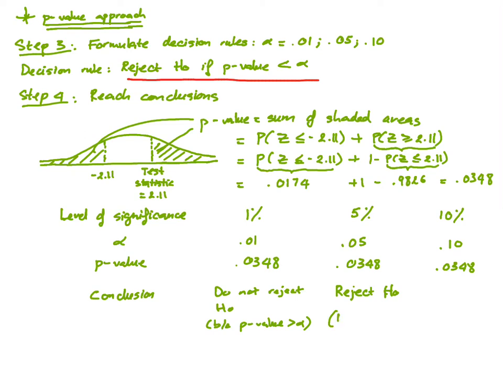This is because the p-value is less than alpha. And at 10% level of significance, the p-value is 0.03, alpha is 0.1, so again we reject the null, because the p-value is less than alpha.